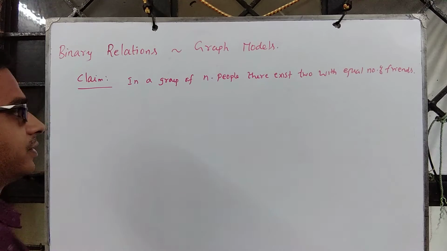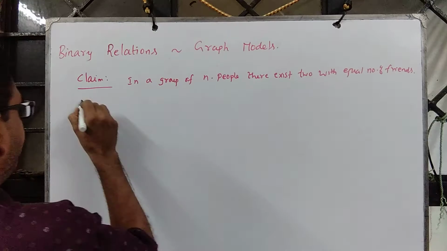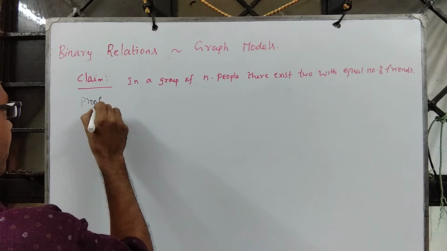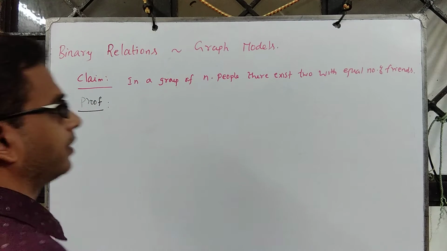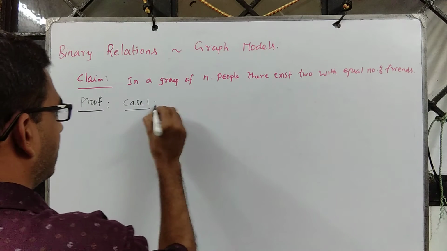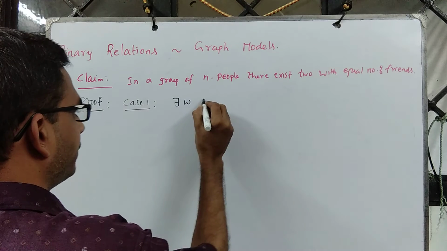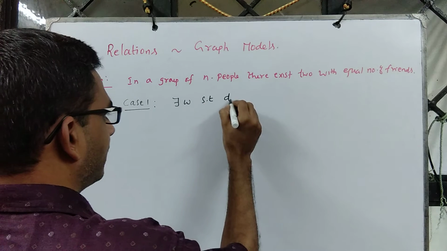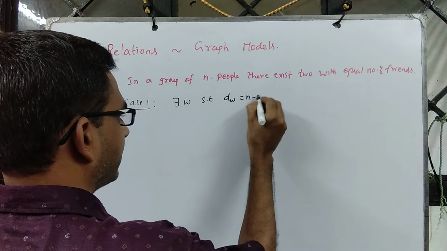So let's bring in PHP. So case 1, there exists W such that degree of W is n minus 1.